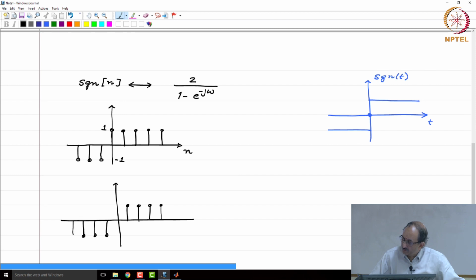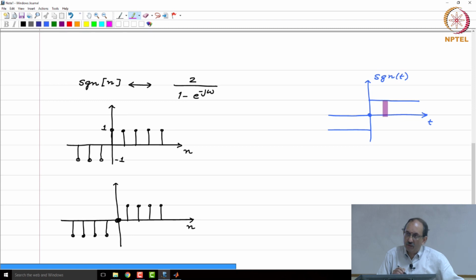In the discrete time case, you can at the origin define the sign function to have the value 0. So this now seems to be the counterpart for SGN as defined here.